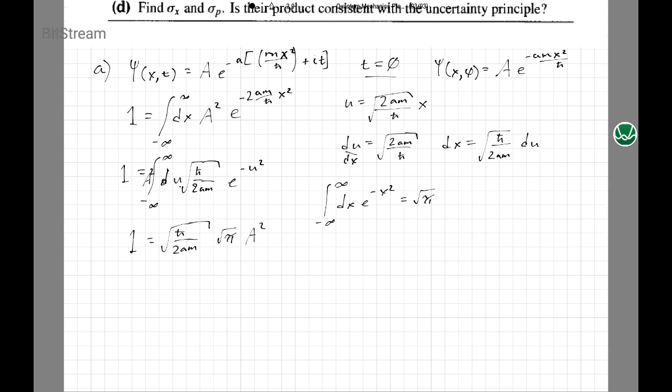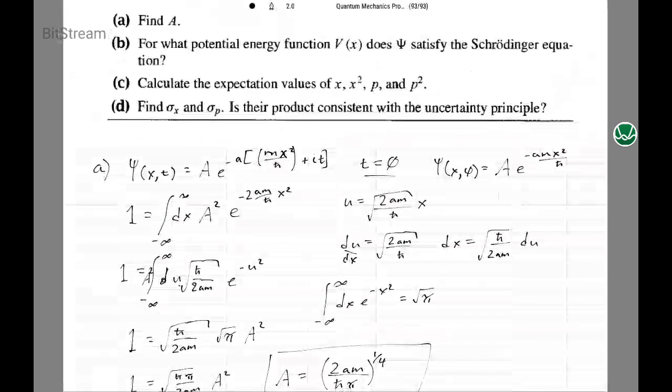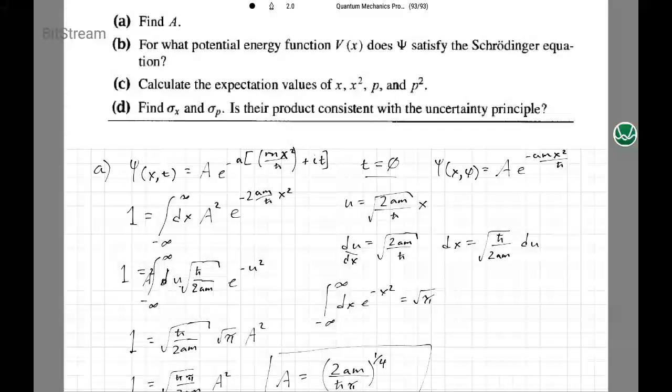That's the whole thing I'm solving for. There we go. So what I get is 1 equals square root of h bar pi over 2am, capital A squared. So my A is going to be 2 times a times mass over h bar times pi, all to the 1/4 power. Pretty straightforward normalization there.